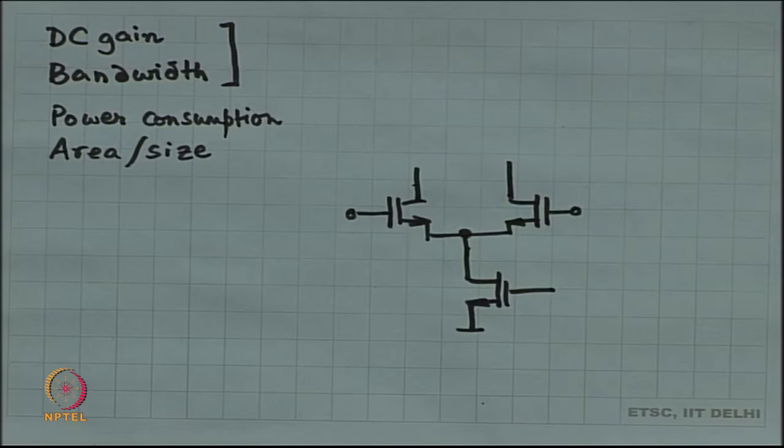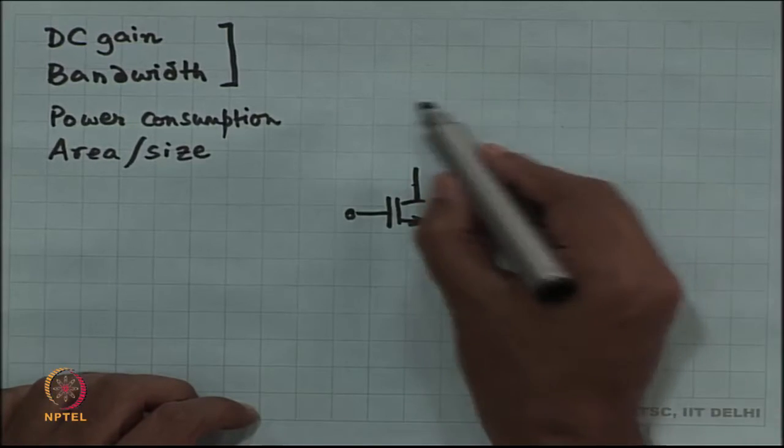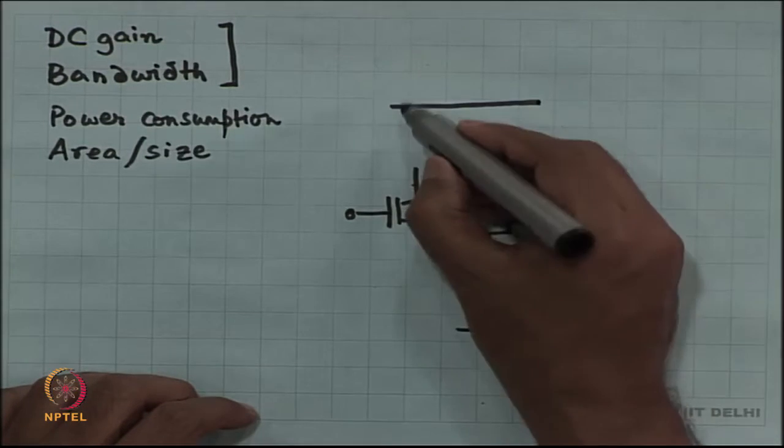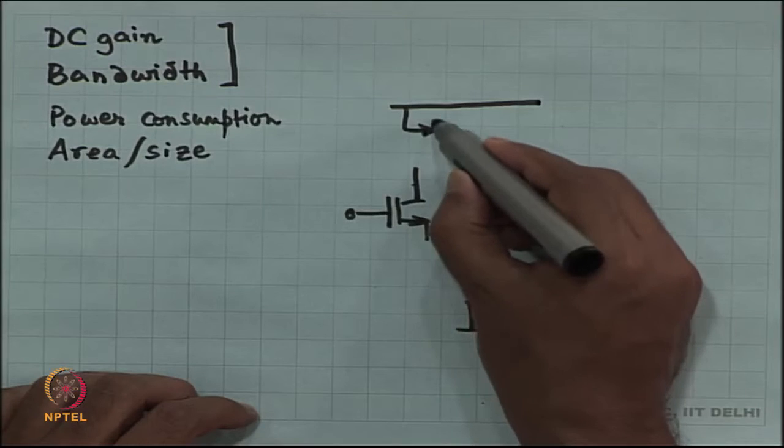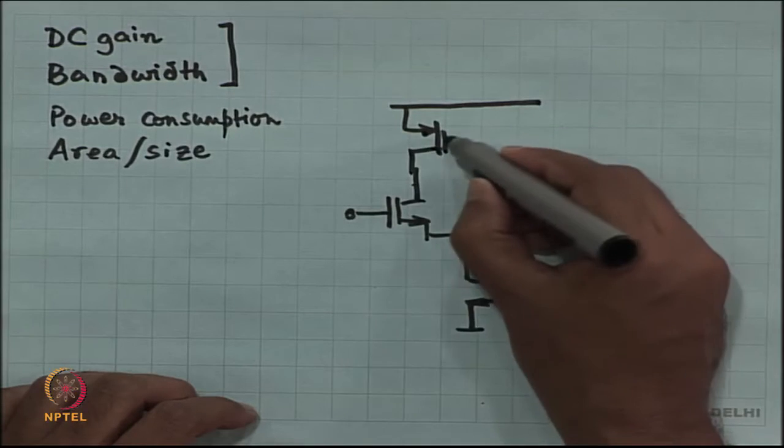Okay. The differential pair will have to drive a load as well, and this load is typically going to be made up of PMOSs, not resistors.